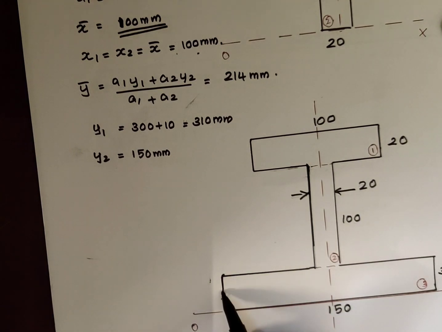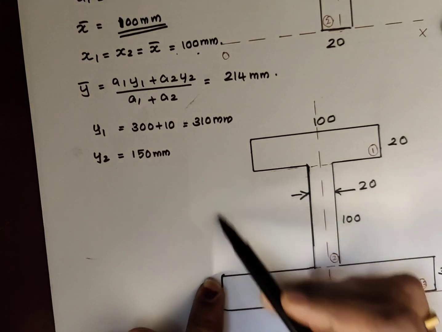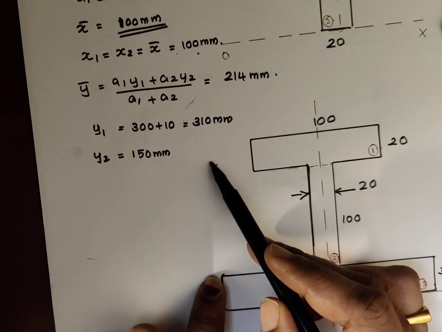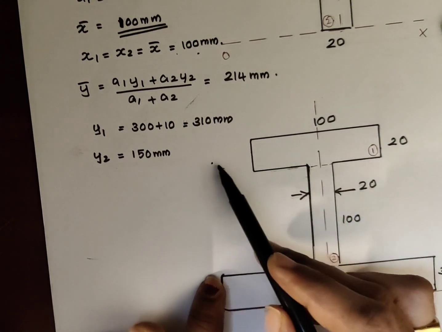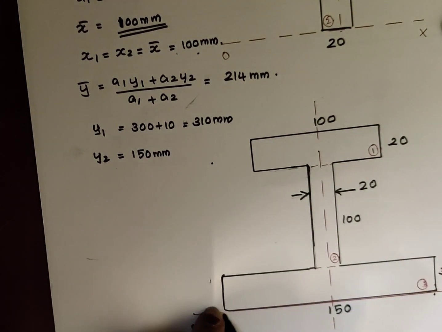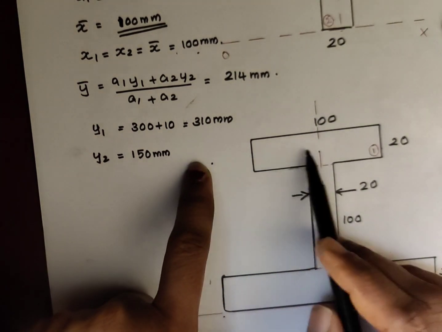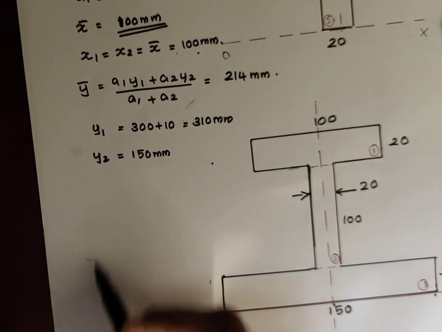So here you have to measure the x coordinate from this extreme left line. So x1 is the distance from the extreme left line to the centroid. So this length is equal to, the total width is 150 and this length is equal to 150 by 2. So here also this length is 150 by 2.